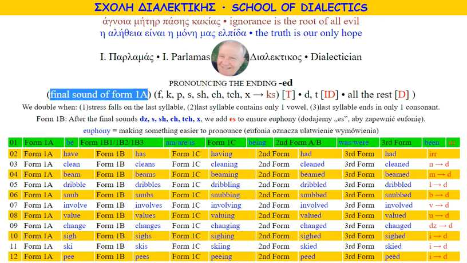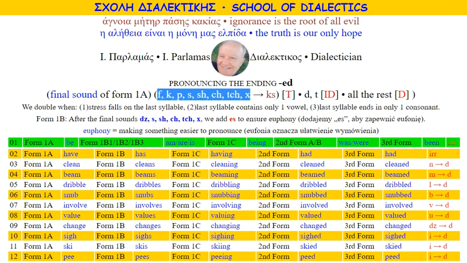For example, the final sound of clean is N. The final sound of beam is M. The final sound of dribble is L. So, if the final sound is one of these sounds here, it is pronounced as T. If the final sound is one of these two sounds, it's pronounced as id, and for all other final sounds, all the rest, it is pronounced as D.